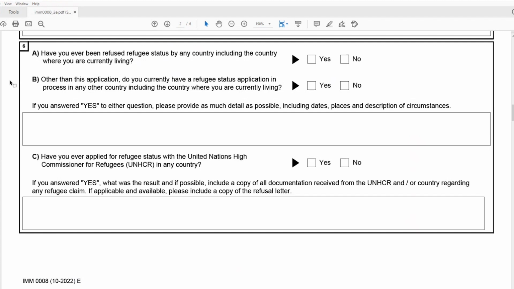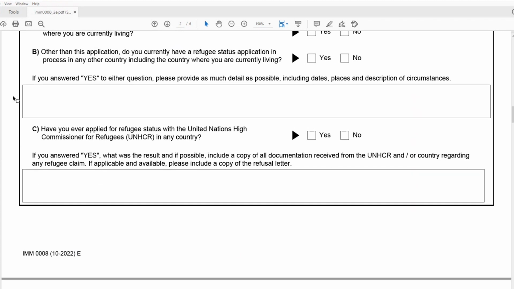If you have applied to UNHCR for protection in one country, and then you left that country and moved to a different country, and then applied with UNHCR again, you need to explain that you had applications for protection in those two countries. And of course, provide as much detail as possible, including the dates, the names of the places, and a description of the circumstances for those situations.